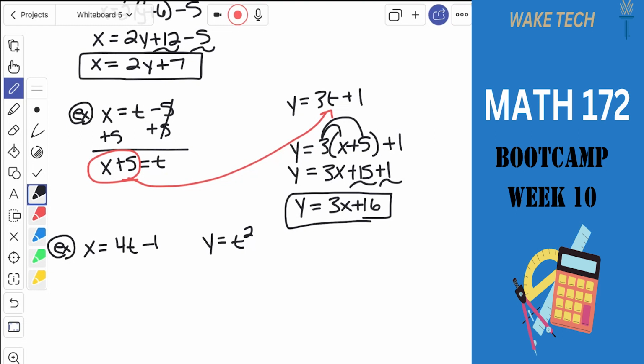So, that said, I'm going to solve the x equation for t. 2 steps for that. First, we'll add 1 to both sides, and then we'll divide everything by 4. That tells us that t equals (x plus 1) over 4.